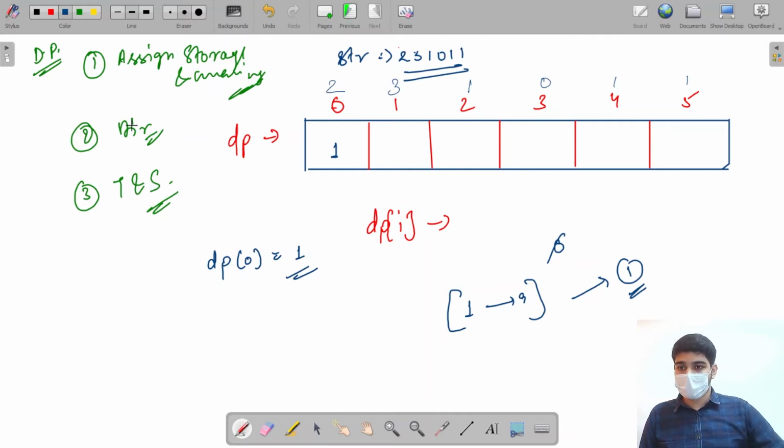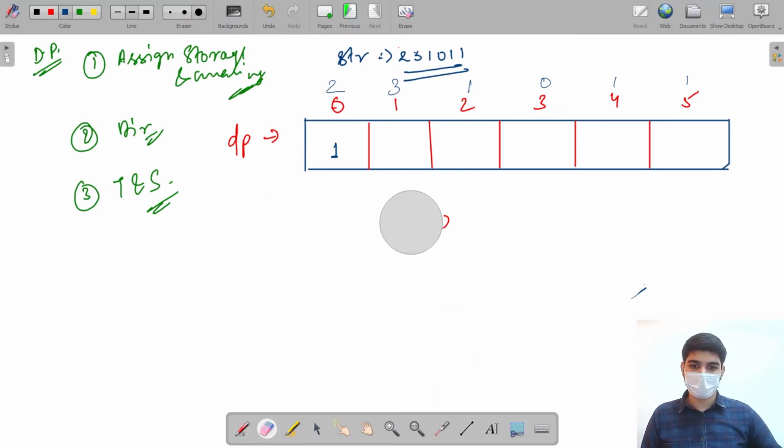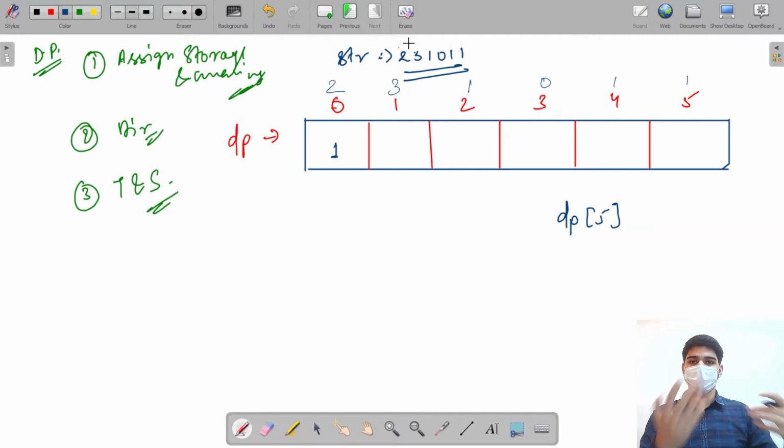Let's discuss dp of n. What would be my dp of 5? dp of 5 means the total number of encodings possible till the 5th position in my string. The 5th position is the last position, which is the entire number. So the number of encodings possible with the entire number is stored in the last position of the dp, which is dp of 5 currently.